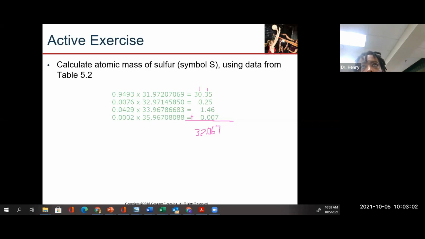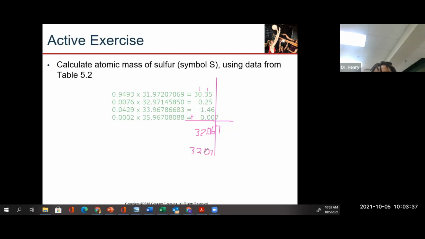So this would be our line of significance. We use this guy to round up or round down. So we end up with 32.07.